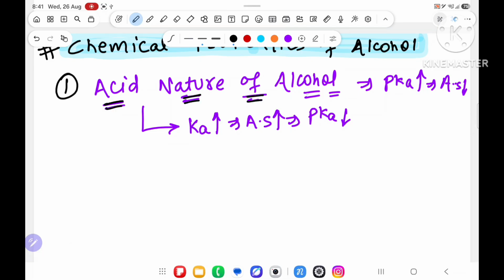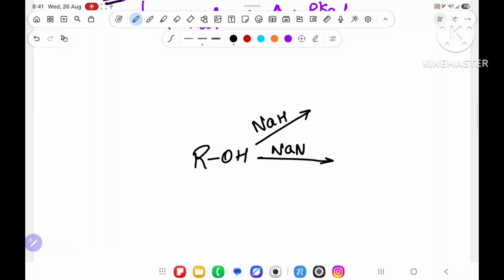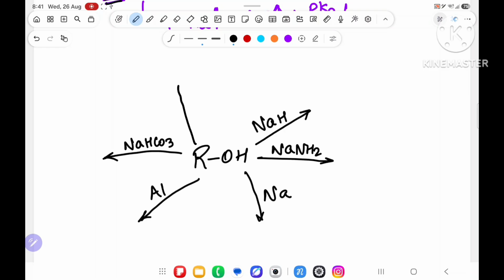In that I will take some reactions to dictate to you. Now suppose I have taken alcohol, ROH. Now I am asking whether this alcohol will react with sodium hydride NaH, or NaNH2, or simple sodium, or aluminum, or NaHCO3, or NaOH. Some pKa values you have to know.